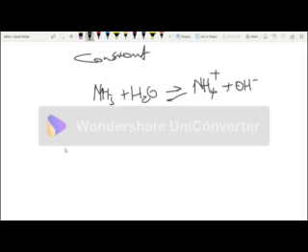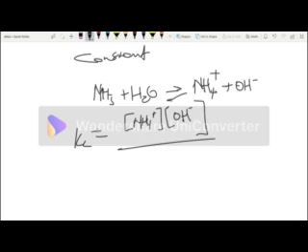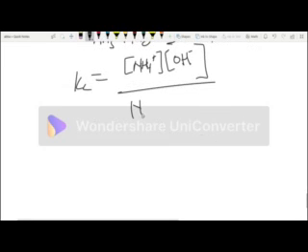The Kc is going to be the product of the NH4 plus, then here we're going to have your OH, then divided by the concentration of NH3 multiplied by the concentration of water.